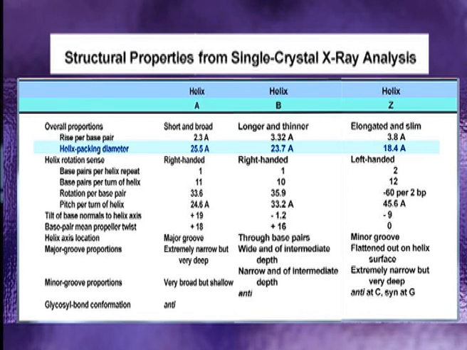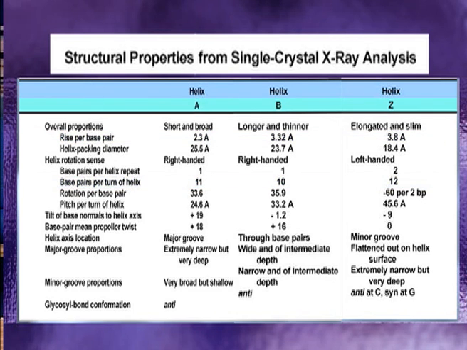The diameter of the DNA helix is 25.5 angstrom, 23.7 angstrom and 18.4 angstrom in case of A, B and Z respectively. The rise per base pair, or the distance between the two base pairs, is 2.3, 3.32 and 3.8 angstrom in case of A, B and Z DNA respectively.